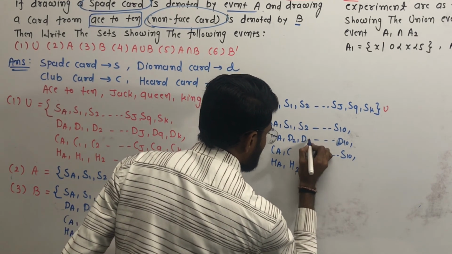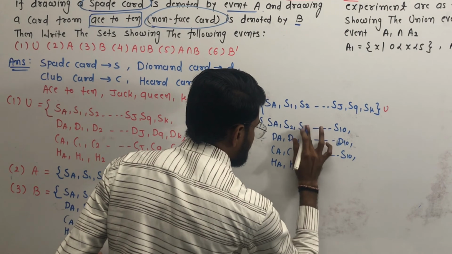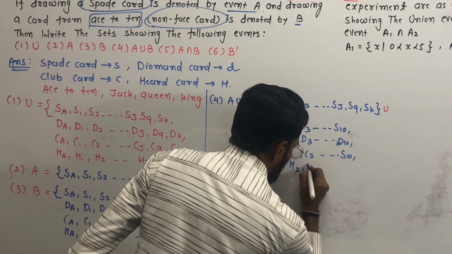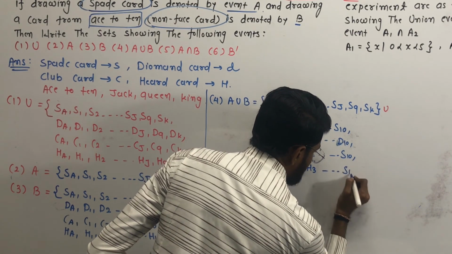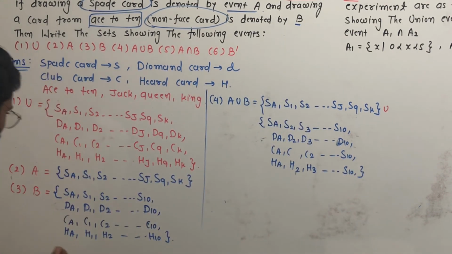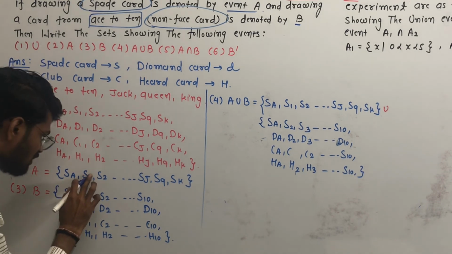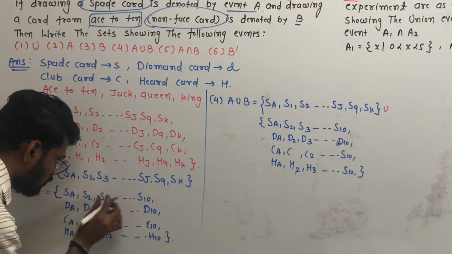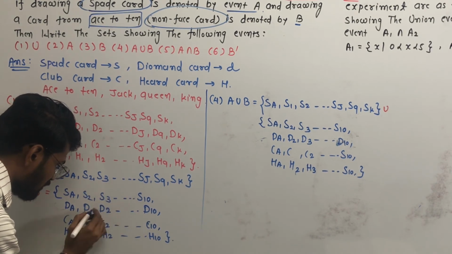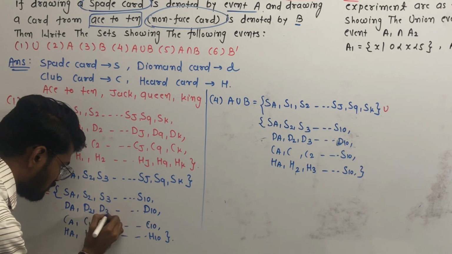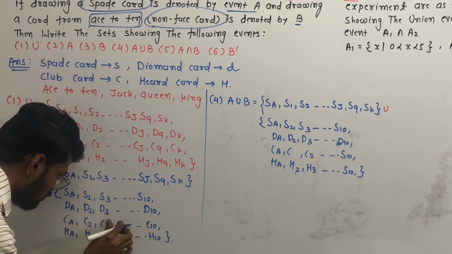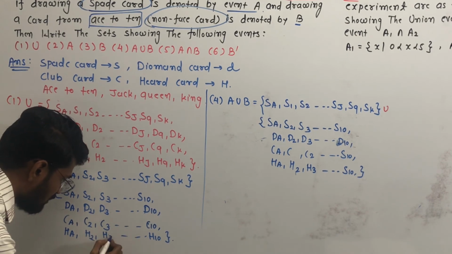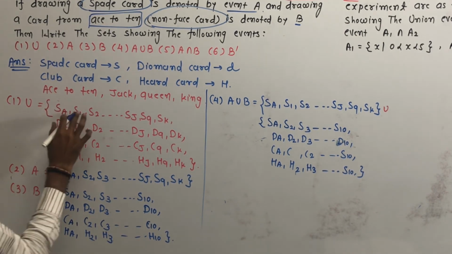sorry, it's my mistake. Okay, HA, then 2, 3, up to H10. Clear?